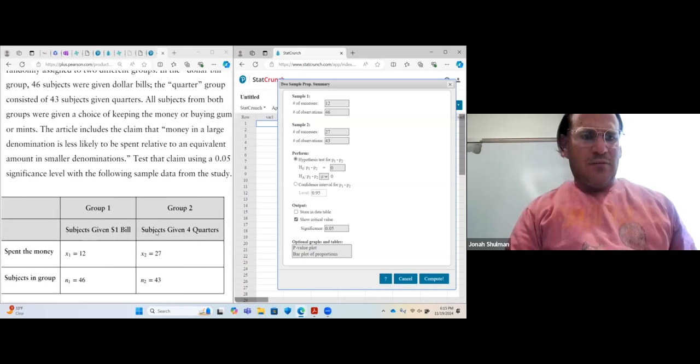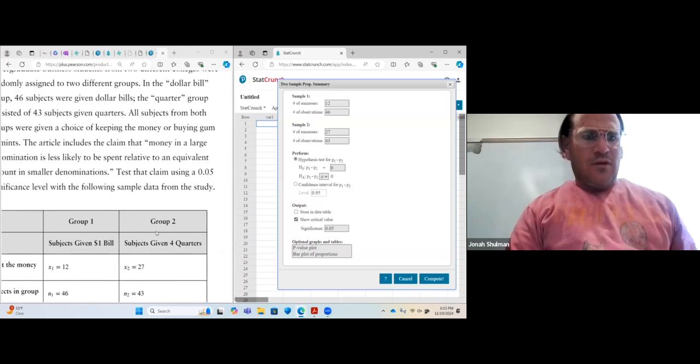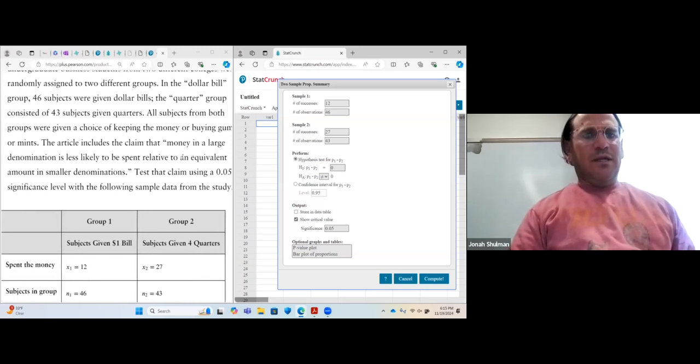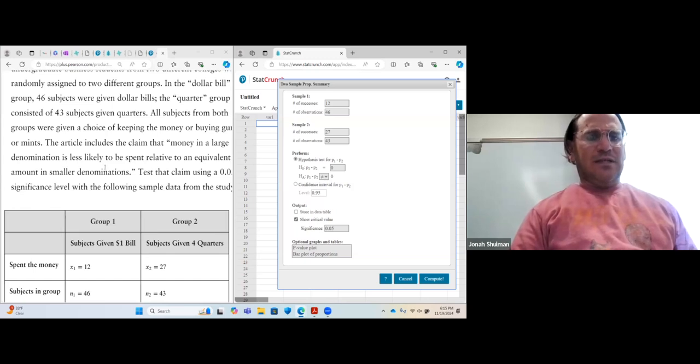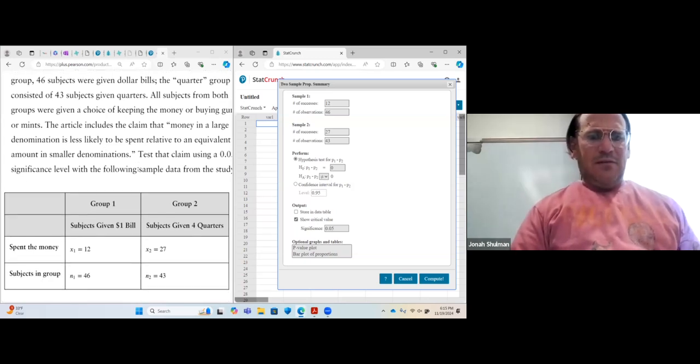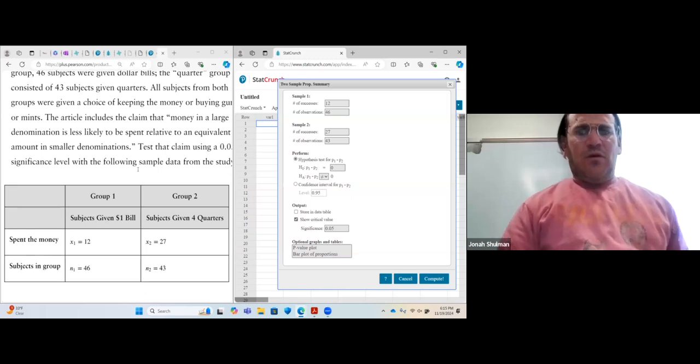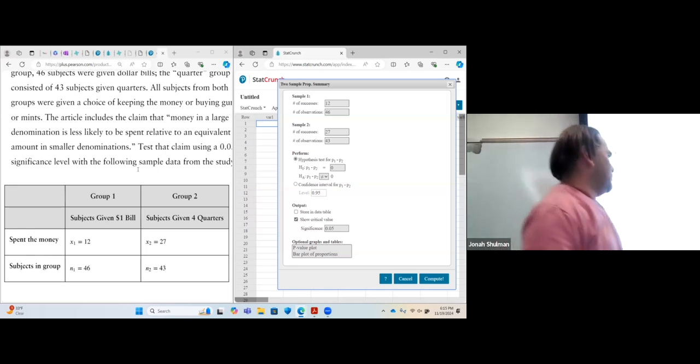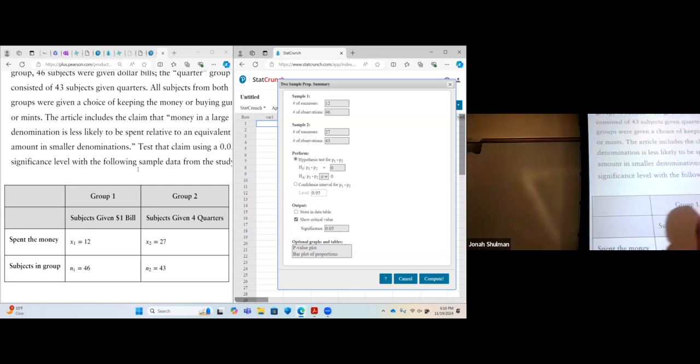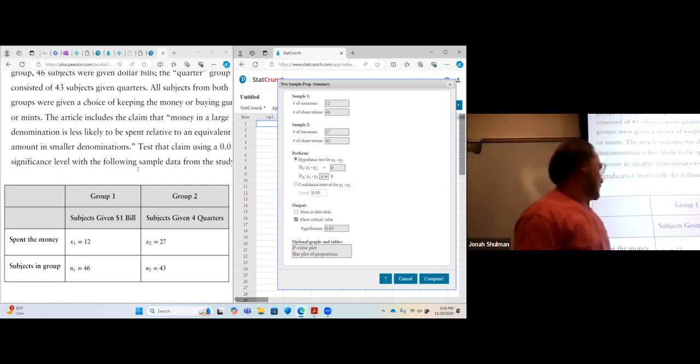Test the claim using a 0.05 significance level. So here's your claim. Money in large denominations is less likely to be spent than money in smaller denominations. So this would be 0 for our null hypothesis. This is saying that they're both the same. Now, is this going to be greater or less than 0?